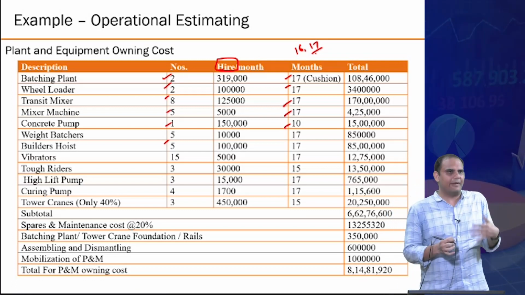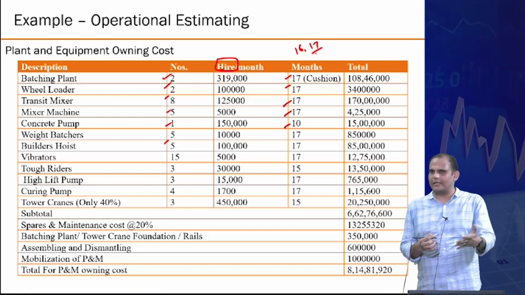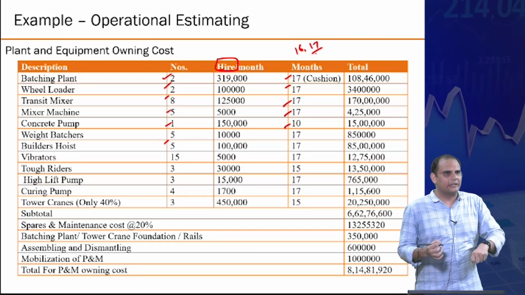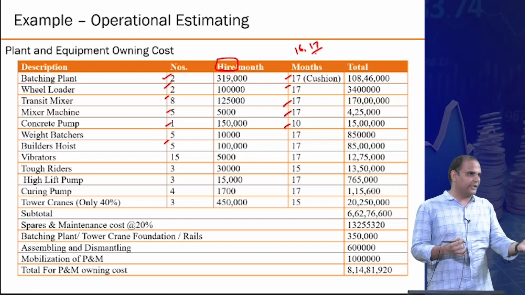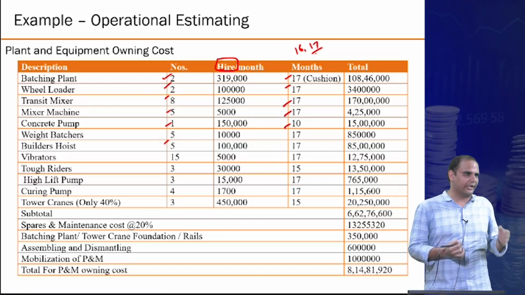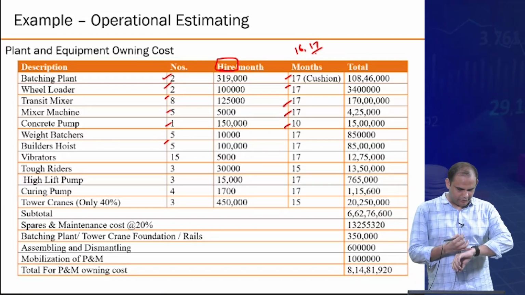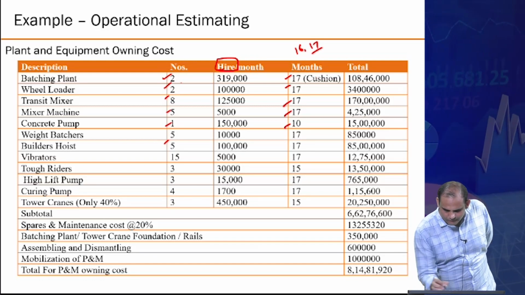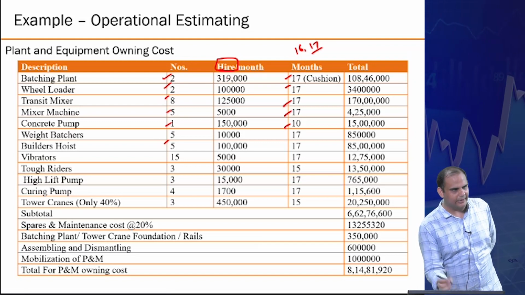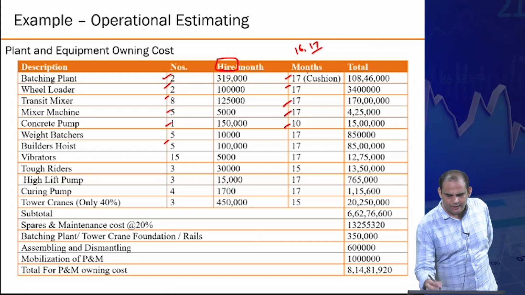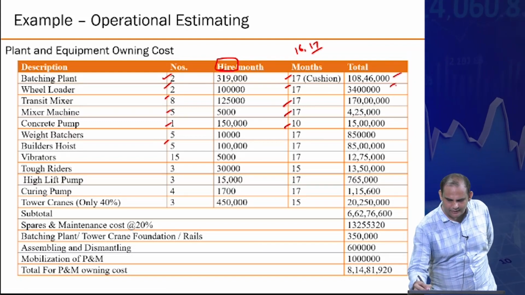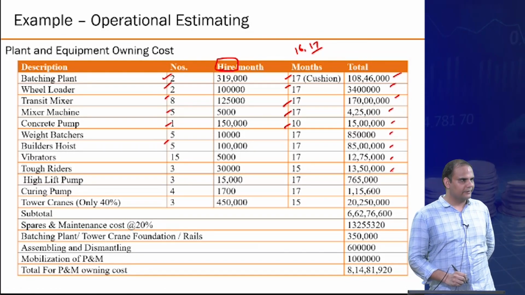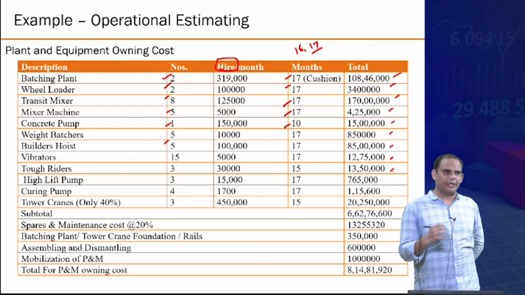So you may want to have an agreement that this will be required for 1 additional month just in case. Otherwise, they'll ask you to return all the equipment, and maybe your concreting work is not done. So just to add that cushion, you have this for 17 months. Essentially, you get number, per month hiring rate, number of months, you get the values that you are going to have for total, right? This is just to lease the equipment.